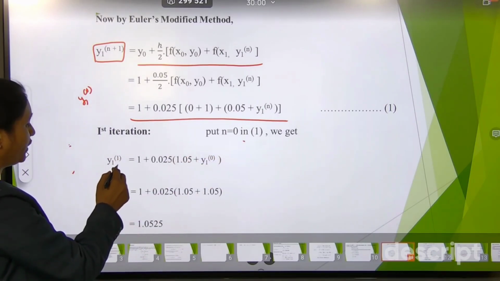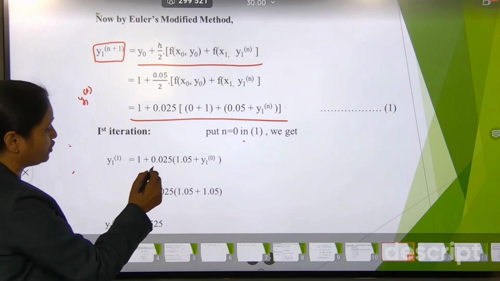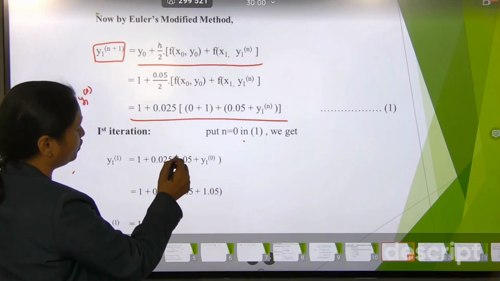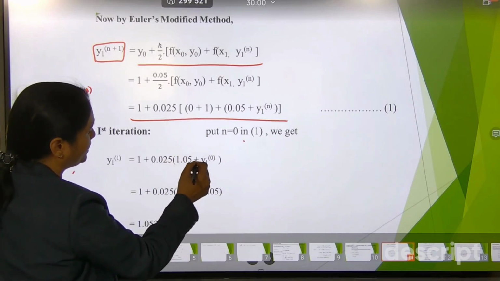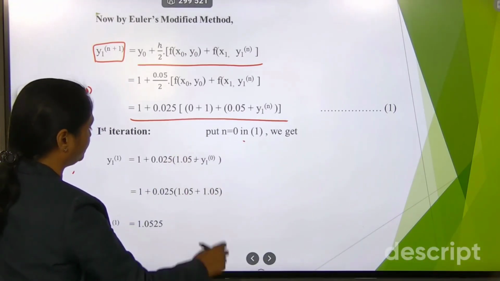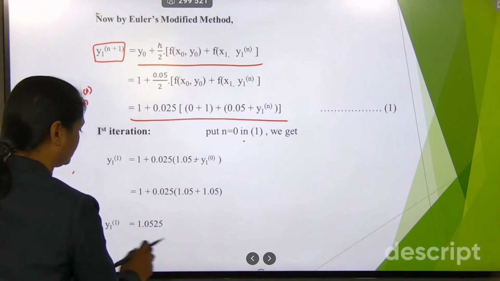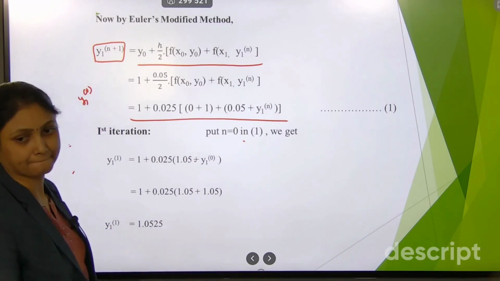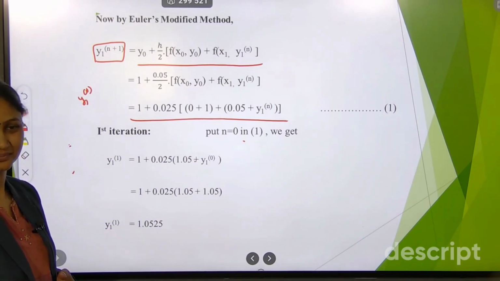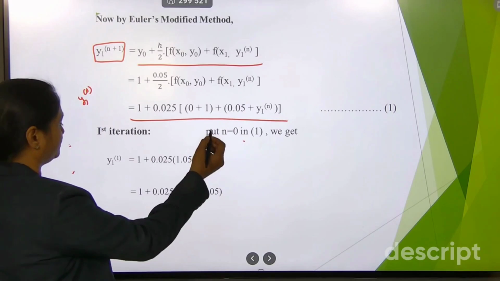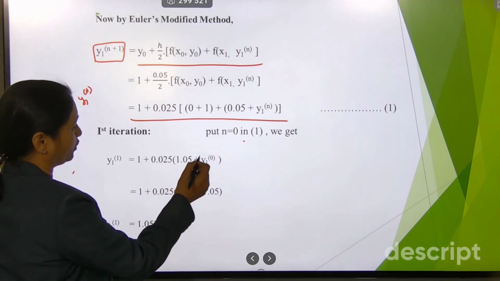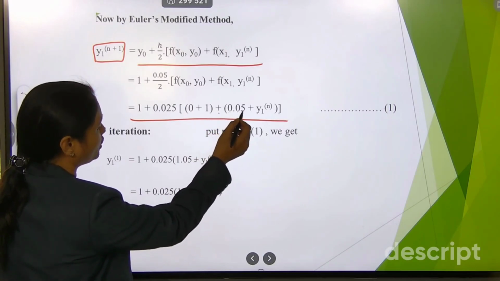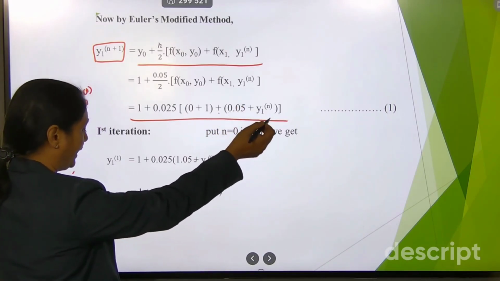We get y1 1 is equal to 1 plus 0.025 into 1.05 plus y1 0, where 1.05 is 1 plus 0.05 plus y1 n.